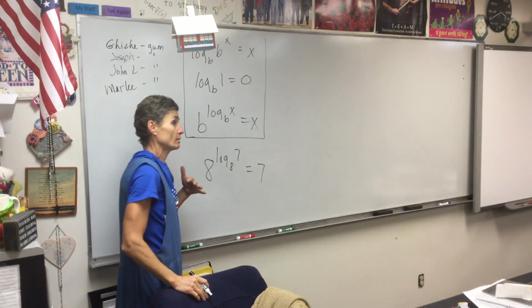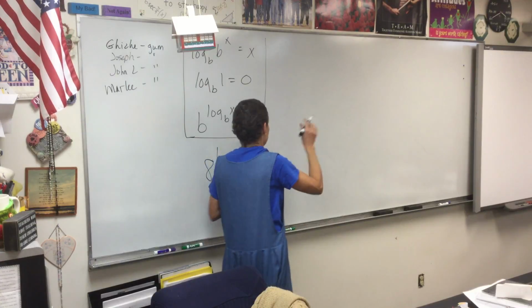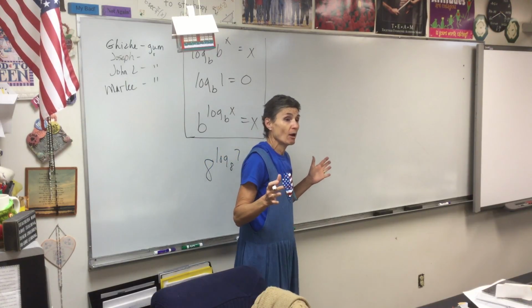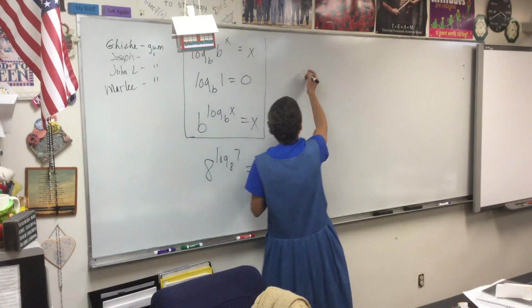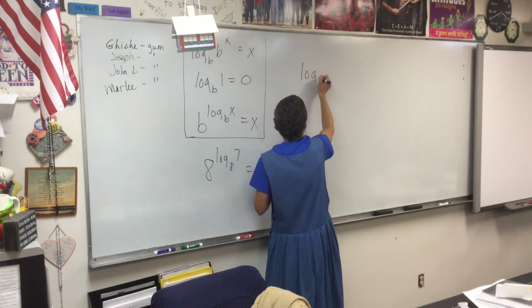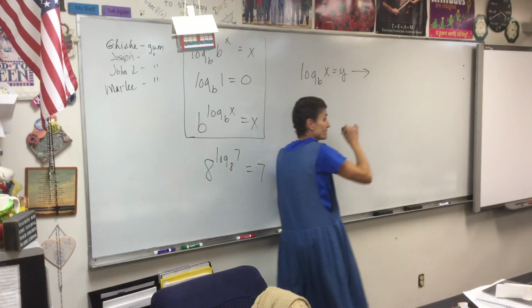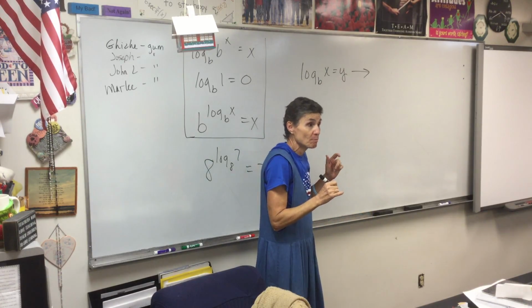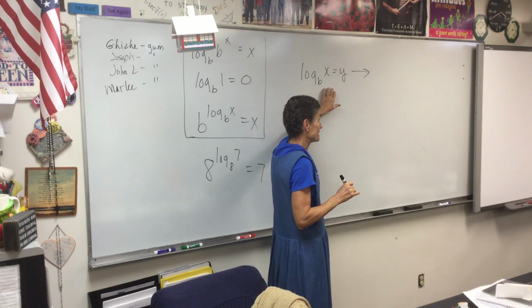Now we also talked about that very fundamental relationship. I said it was the most important thing I was going to say all week, and I meant it. That it was really important. That notion where we take something like this and we can translate it into an exponent form. And what exponent form is this?